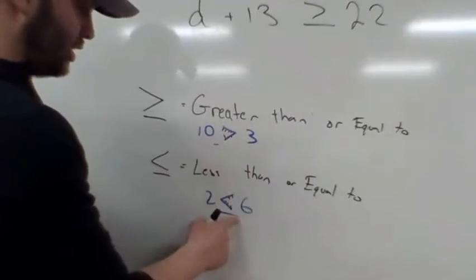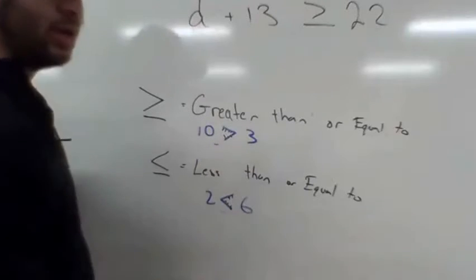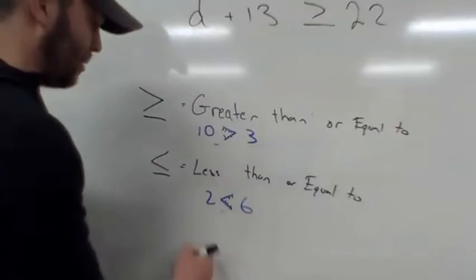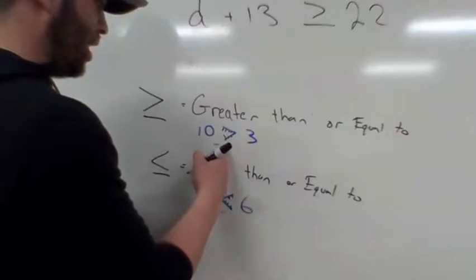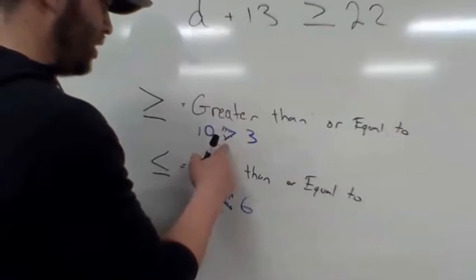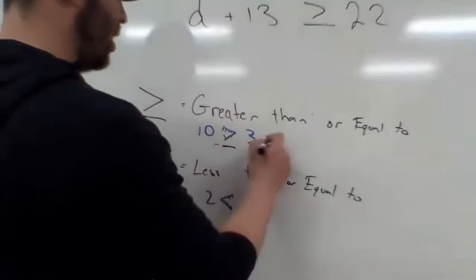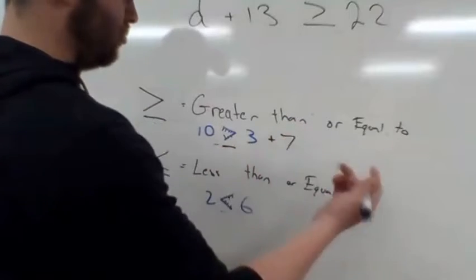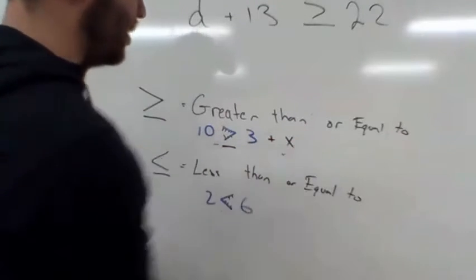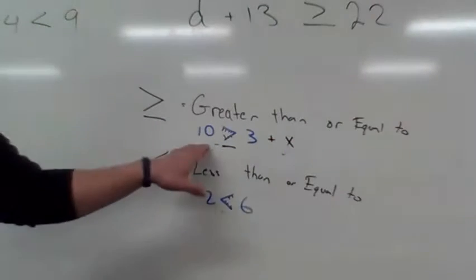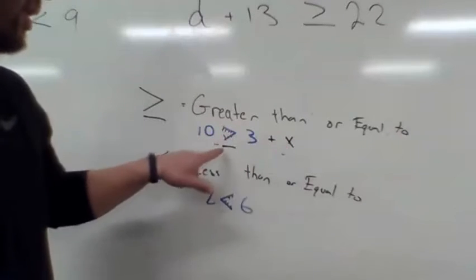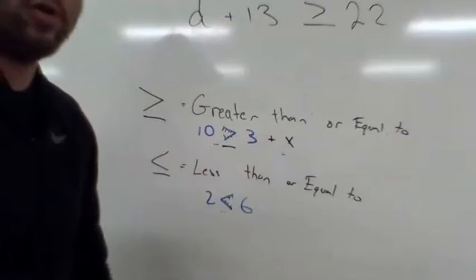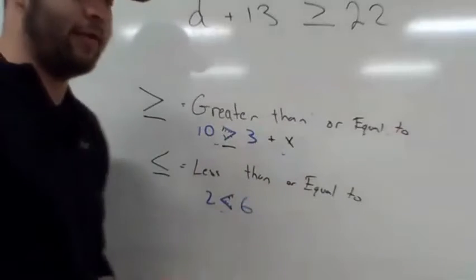A good example of this would be 10 is greater than or equal to 3 plus x. That's telling us that x can be a 7, because this can be equal, or anything lower than a 7.